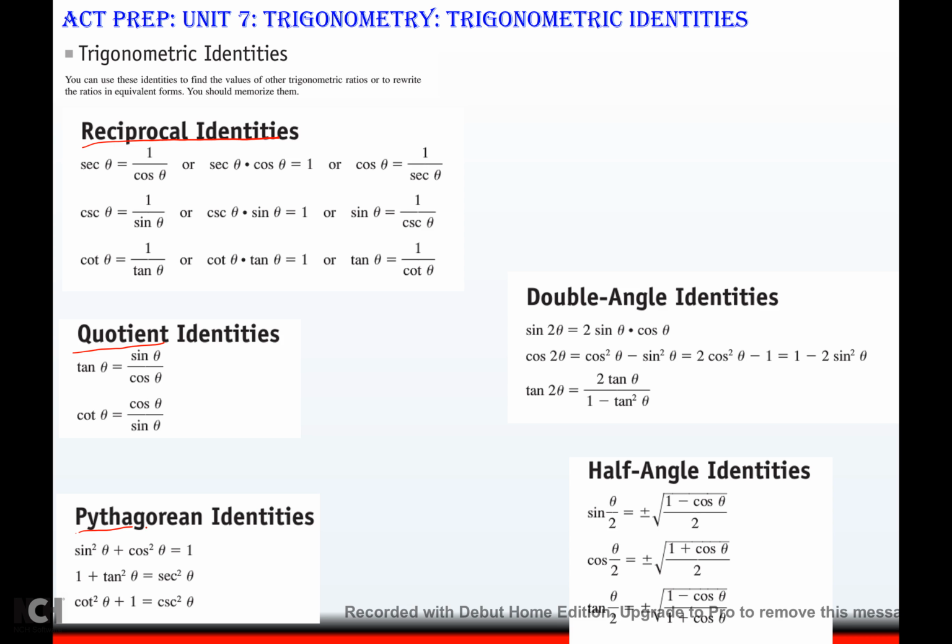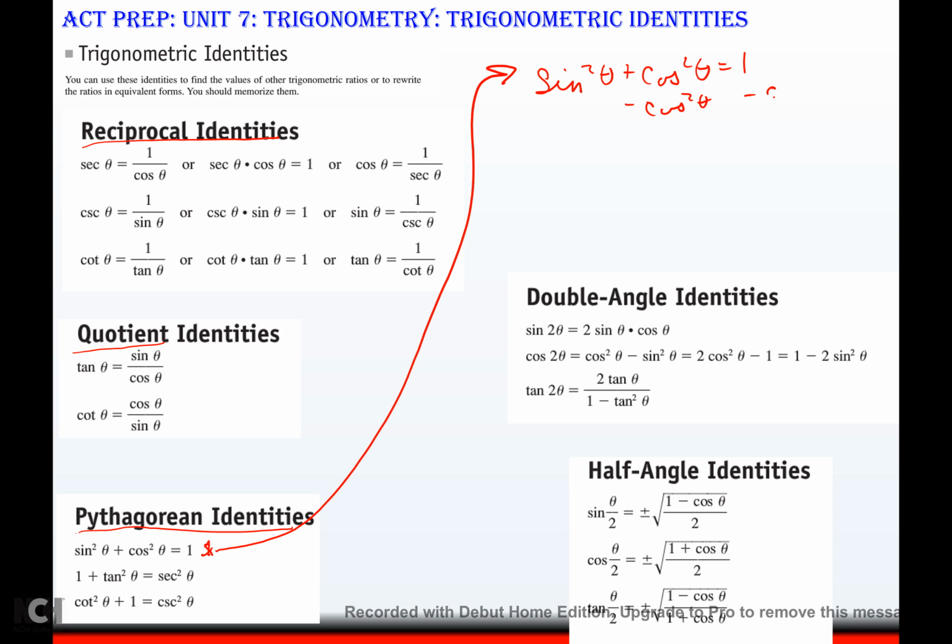Your Pythagorean identities are really important. This probably is the most famous. Sine squared theta plus cosine squared theta is equal to 1. Keep in mind, you can use different versions of these. For example, if I have sine squared theta plus cosine squared theta equals 1, if I subtract cosine squared theta, I can also say that sine squared theta always equals 1 minus cosine squared of the same angle.